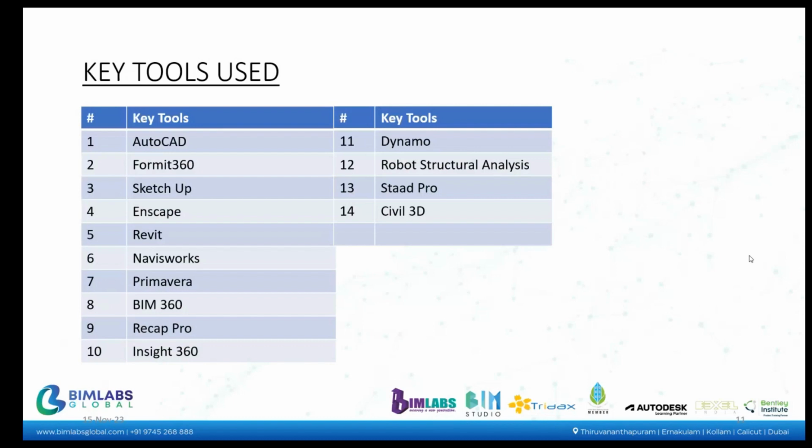Now, coming to the key tools and software used, this is the list. We start with AutoCAD, then FormIt 360 and SketchUp for the conceptual design stage, Enscape for visualization, Revit for detailed designing, Navisworks for construction and coordination, Primavera for project management, BIM 360 for cloud integration, ReCap Pro for scan to BIM, Insight 360 for energy analysis, Dynamo, Robot Structural Analysis for structural analysis, STAAD.Pro for modeling and analysis of the structure, and Civil 3D for infrastructure.